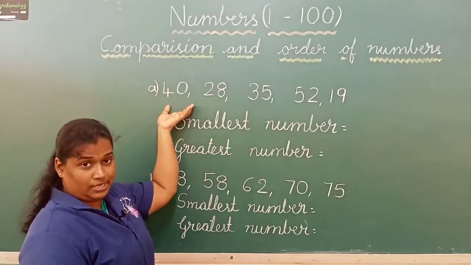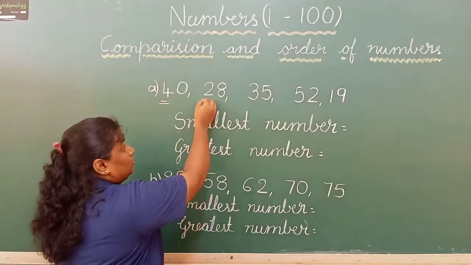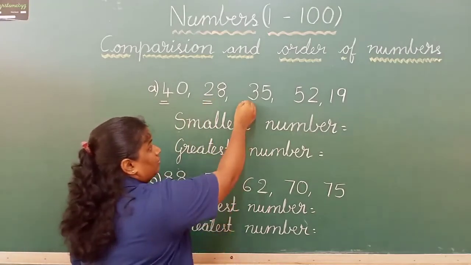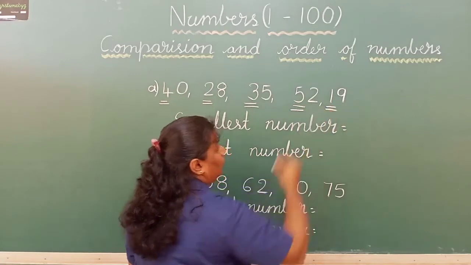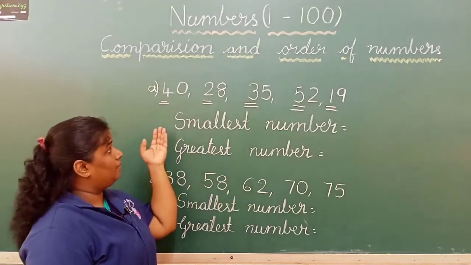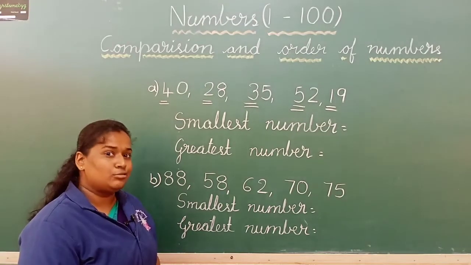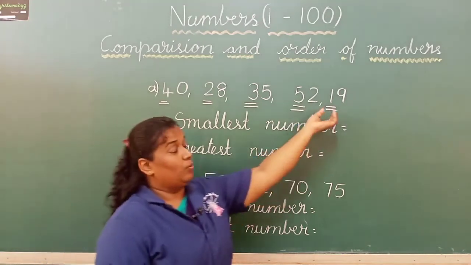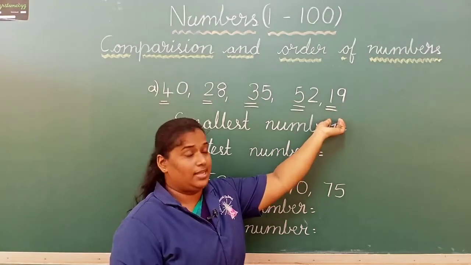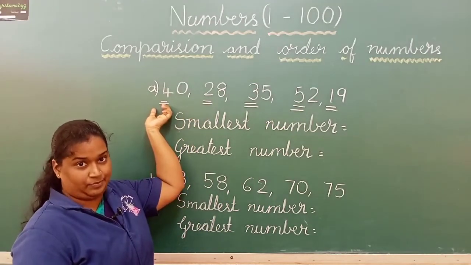In the given numbers, here we have 4 tens, 2 tens, 3 tens, 5 tens and 1 ten. Among these tens, tell me which is the smallest? Very good. 1 ten is smallest compared to all these tens.